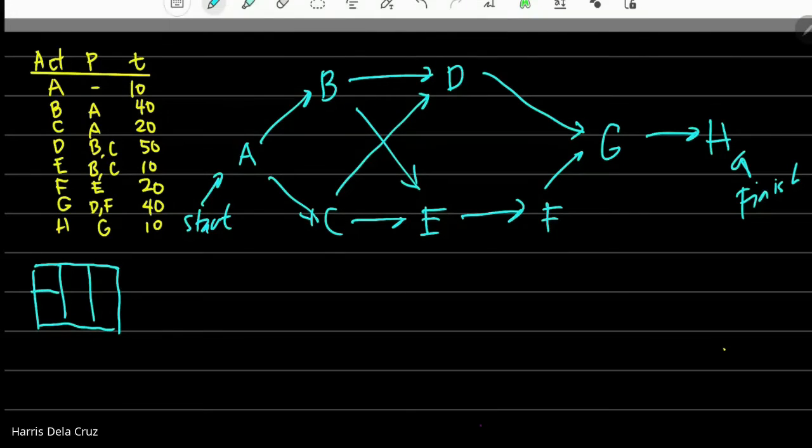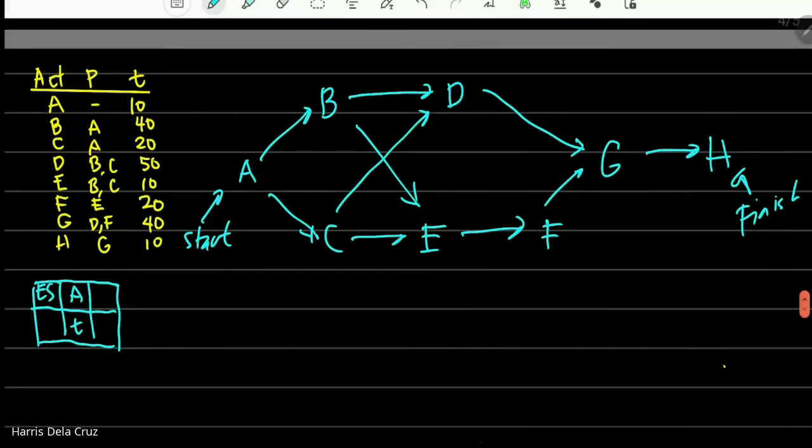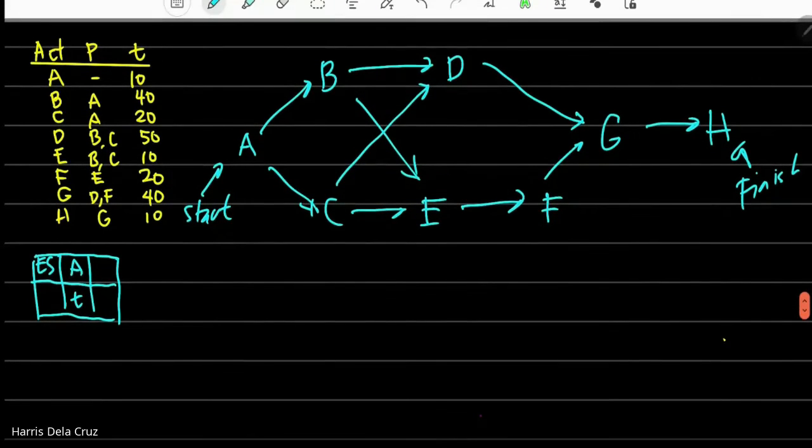Tapos, para lang medyo madaling matandaan, lalagay mo dito yung activity, yung job name, let's say A. Sa baba niya yung time na kailangan mo. Sa left niya, early start. Ibig sabihin, pag in-start mo siya the earliest possible time, mafi-finish siya ng earliest possible finish.